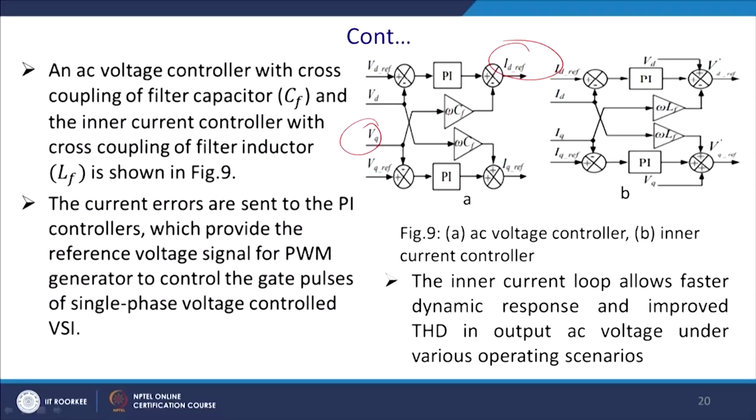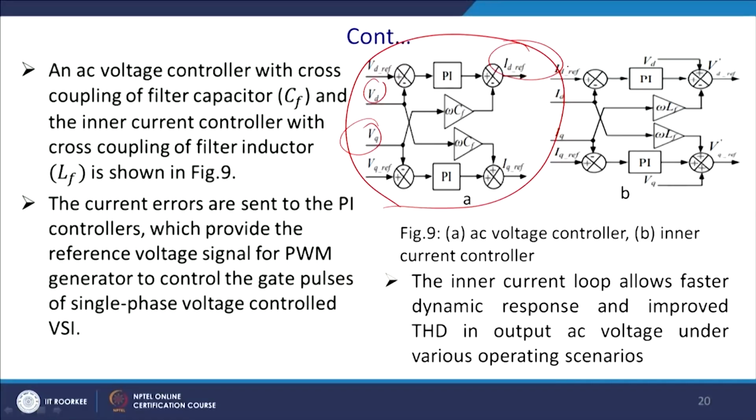Vq will be multiplied by Cf into omega and substituted, and similarly Vq will be subtracted from the Vref and fed to the PI, and this term Vq will be multiplied with the Cf. This is the inner current loop. Similarly, once you start with the inner current loop, you start with the Vd and Vd ref, Vq and Vq ref for this outer voltage loop.